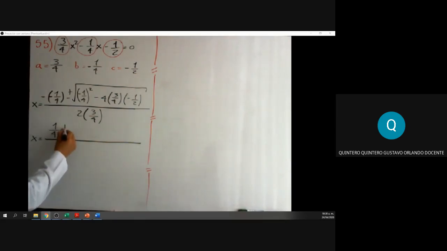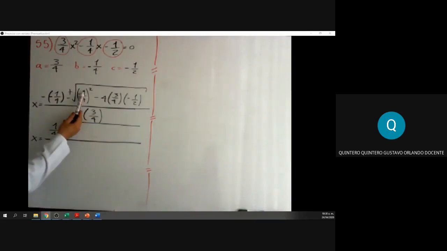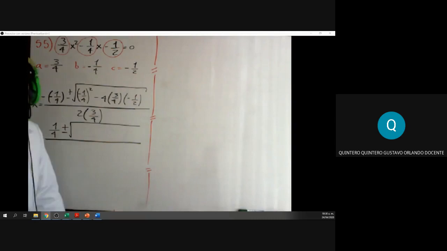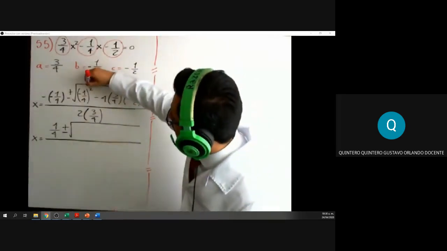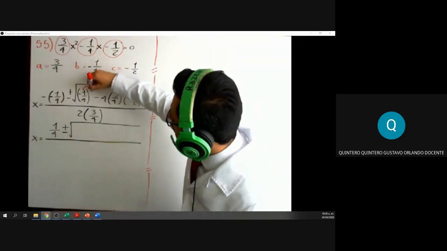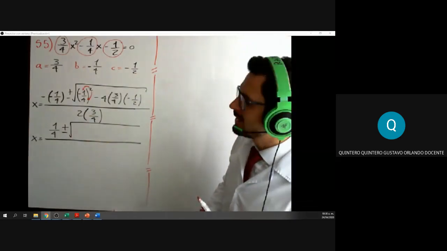Then plus or minus, and now we have a square root. But the square root of what? Okay, let's work it little by little. What is the square root of 1 over 4? In case you don't remember, the square root applies to both numerator and denominator.